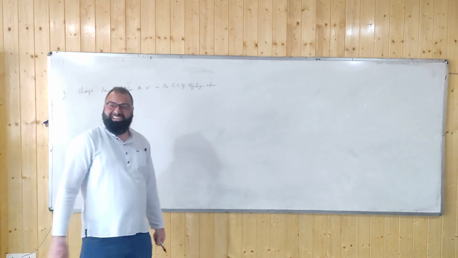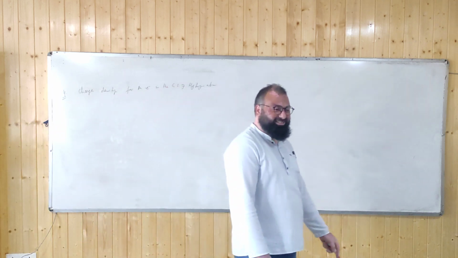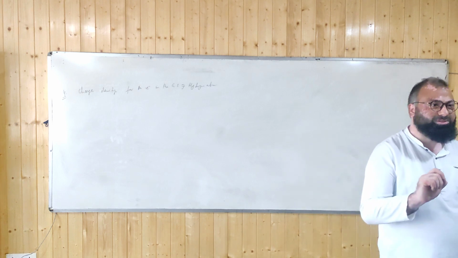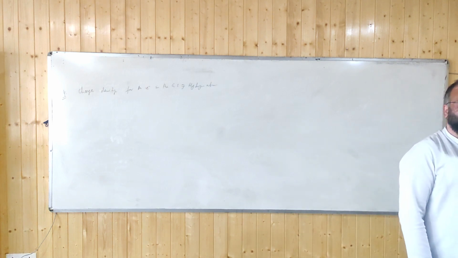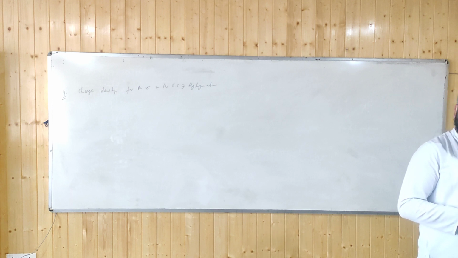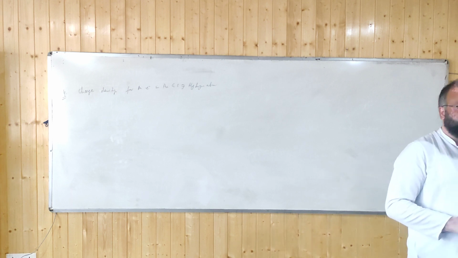Okay, so let's check how many know. What is the charge density of an electron in the ground state of the hydrogen atom? What is the wave function for the s orbital? What is the wave function of an electron in the ground state of the hydrogen atom?